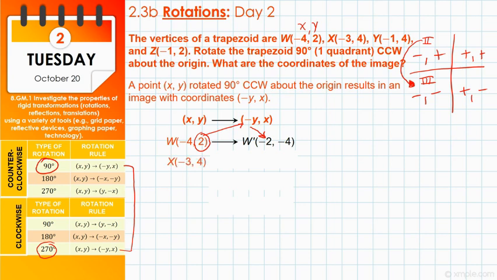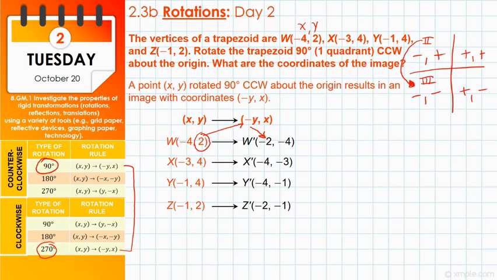For X, X prime should be negative 4, negative 3. Y prime, switch places, both negative, negative 4, negative 1. Z prime, switch places, 2 and 1 switch, and I end up with negative 2, negative 1.